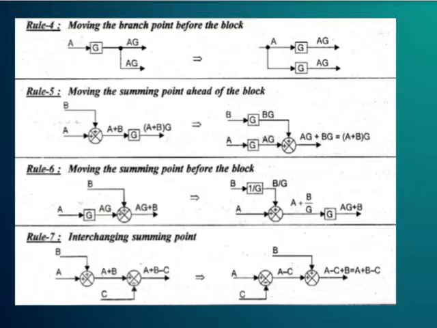Here the summing point was there, so here A is connected to G, so AG plus B. We have here AG plus B. We should concentrate on the output here as A of G, AG plus BG, again connected to the summing point. Then our output should come as AG plus BG. This is nothing but A plus B of G. Here the output should not alter.